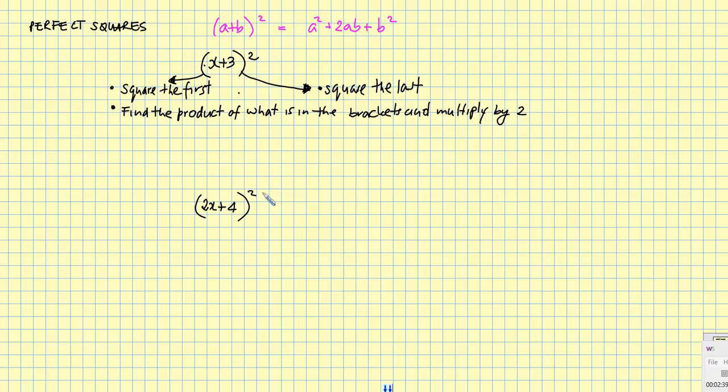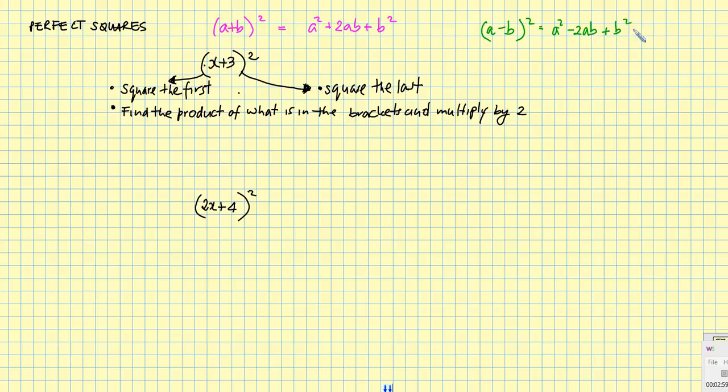The last form is the perfect squares, and the perfect squares are where we have identical binomials. So it's either a plus b all squared, or a minus b all squared, which would give us a squared minus 2ab plus b squared.